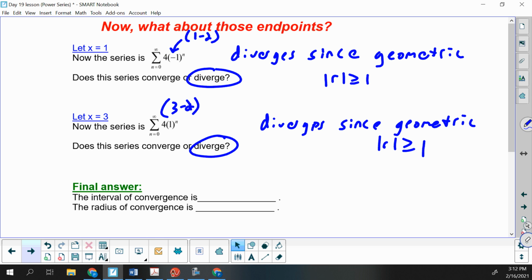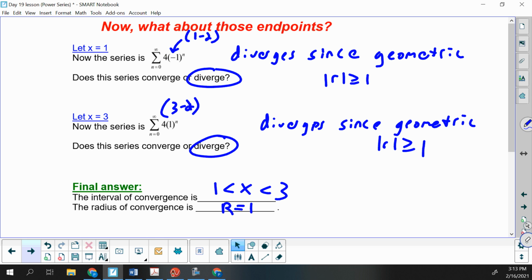So because it diverges, our final interval is going to be 1 less than x less than 3, and our radius of convergence, our center was 2, so from 2 to 3 or 2 to 1, that would be a radius of 1.